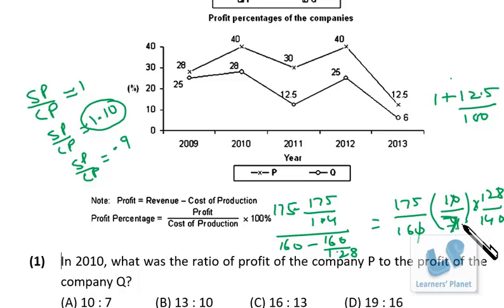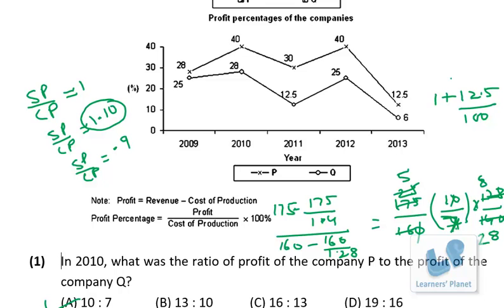So this is 25, this is 8, so 4 2s and 4 7s, that means 10 is to 7.